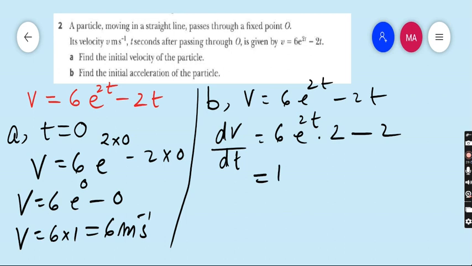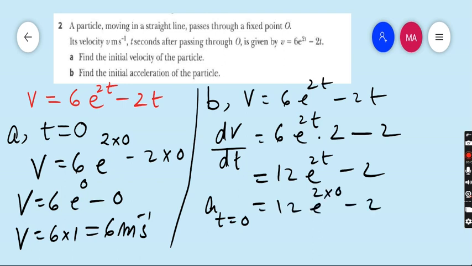So 2 sixes are 12 e power 2t minus 2, and initial acceleration means a when t is equals to 0. 12 e power 2 into 0 minus 2, something to the power 0 is 1, so 12 minus 2 is 10.